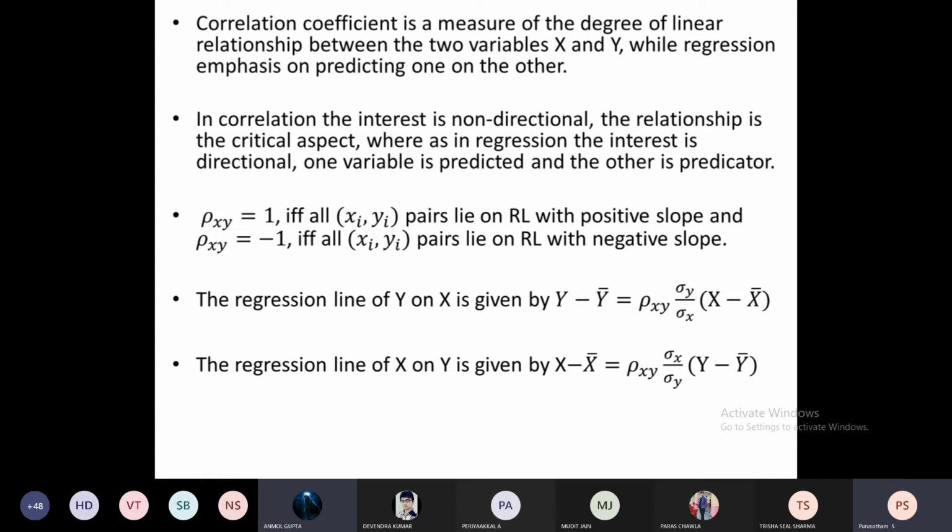So there are two lines meeting at the means of x and y. The two lines are passing through x bar and y bar. When you solve the two regression lines of y on x and x on y, you will get the mean of x and mean of y. So keep this point in mind. Can I move on to the next slide?